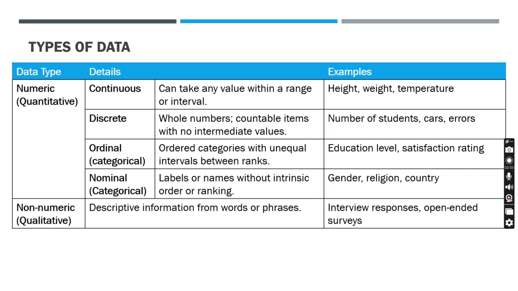Or you can say strongly agree, strongly disagree. These are ordered categories, and we call this ordinal.